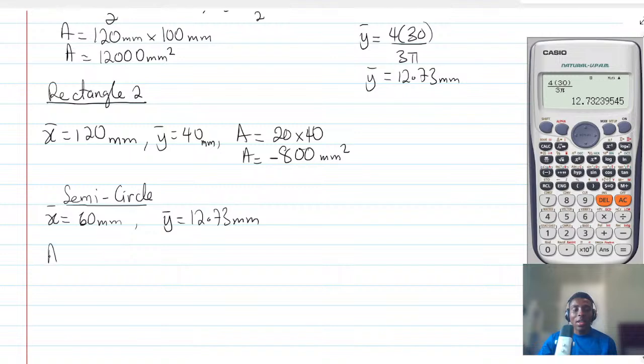Now let's calculate the area of the semicircle. Because it is a half circle, the area is going to be half times pi r squared. So half times pi times 30 squared. And what will be that?